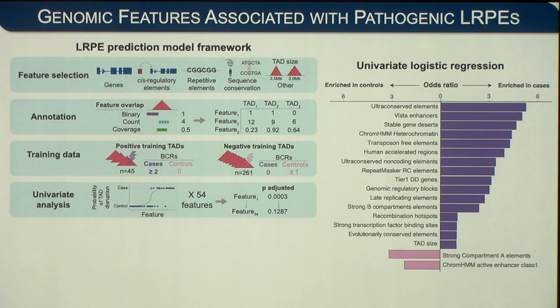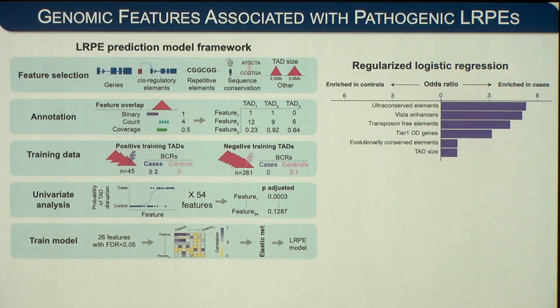But given that we know most of these features are correlated, we applied a penalized regression, which ultimately identified 6 features that were independently associated with TADs disrupted exclusively by cases. And so these included ultra-conserved elements, VISTA enhancers, transposon-free regions, and our favorite developmental disorder genes.